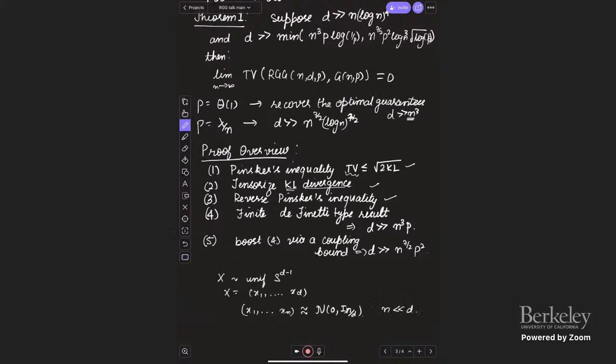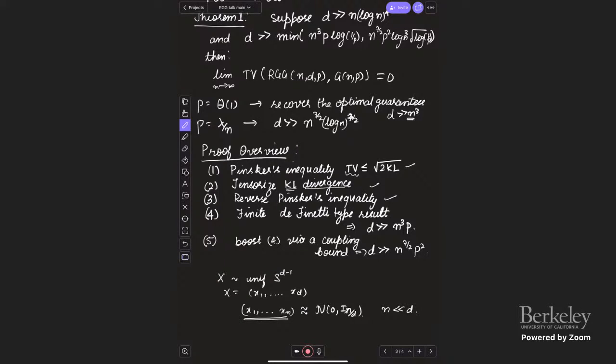This is what we mean by finite de Finetti theorem. And this approximate independence is what helps us show that, for instance, if x1, x2 has an edge and x2, x3 has an edge, then the probability that x1, x3 has an edge is also close to p. And that follows from this kind of approximate independence, as we will show later.